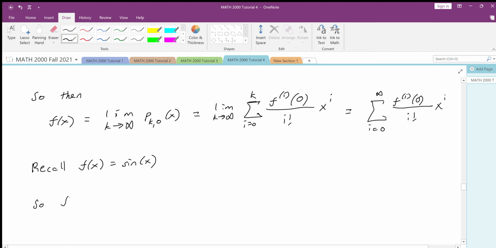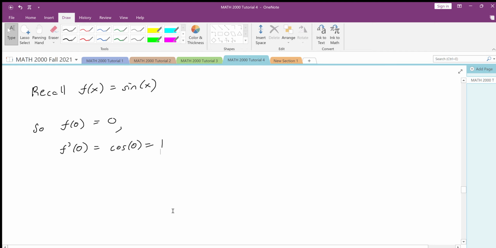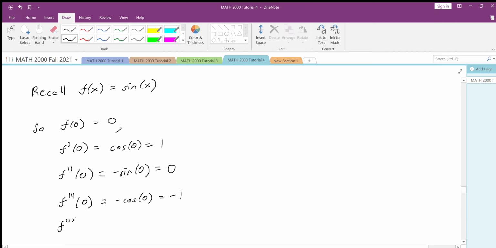So f of 0 is just 0. f prime of 0, that's cos of 0, that's 1. f double prime of 0 is just minus sine at 0. f triple prime at 0 is minus cos at 0. And f quadruple prime at 0 is sine of 0.